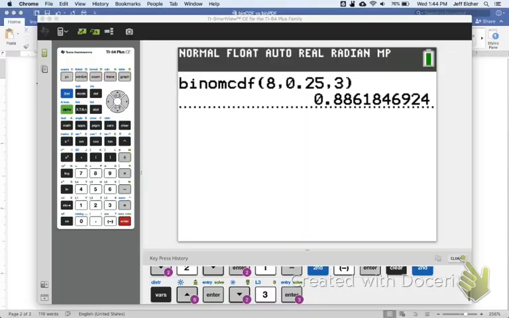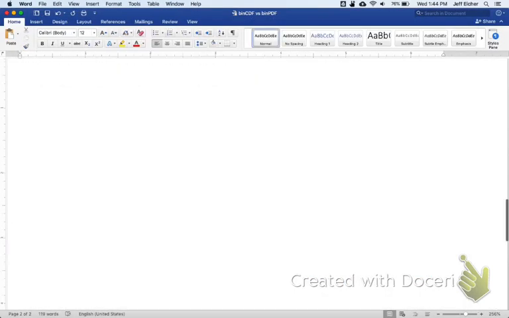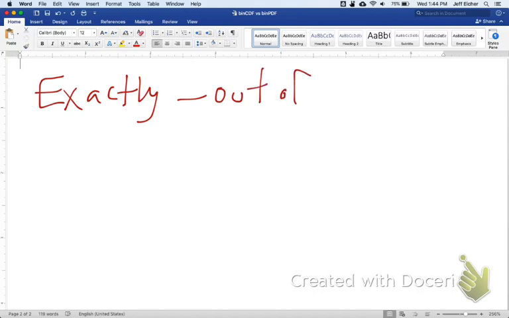So probably the biggest idea, if I were to summarize some things verbally, what to look for in questions. If it says exactly blank out of blank, then you should be using BinomPDF.